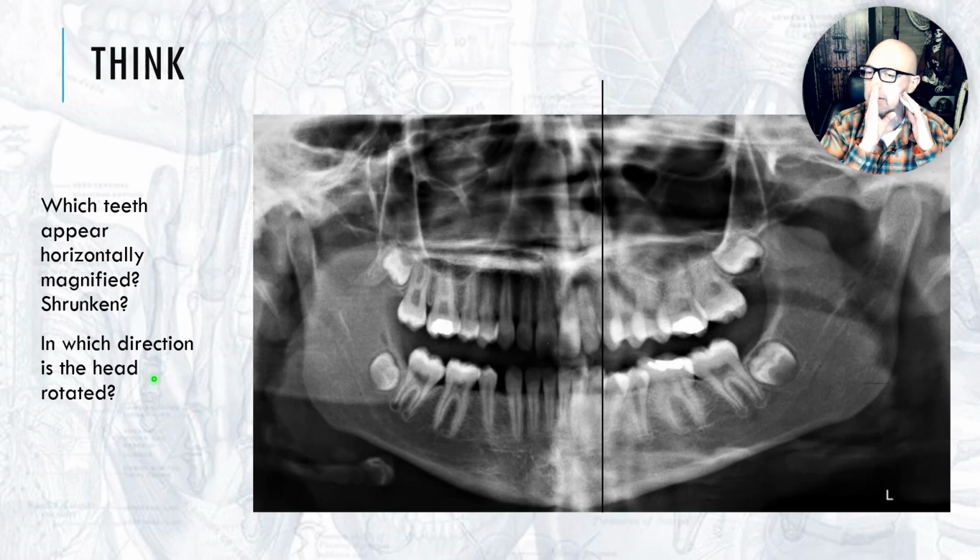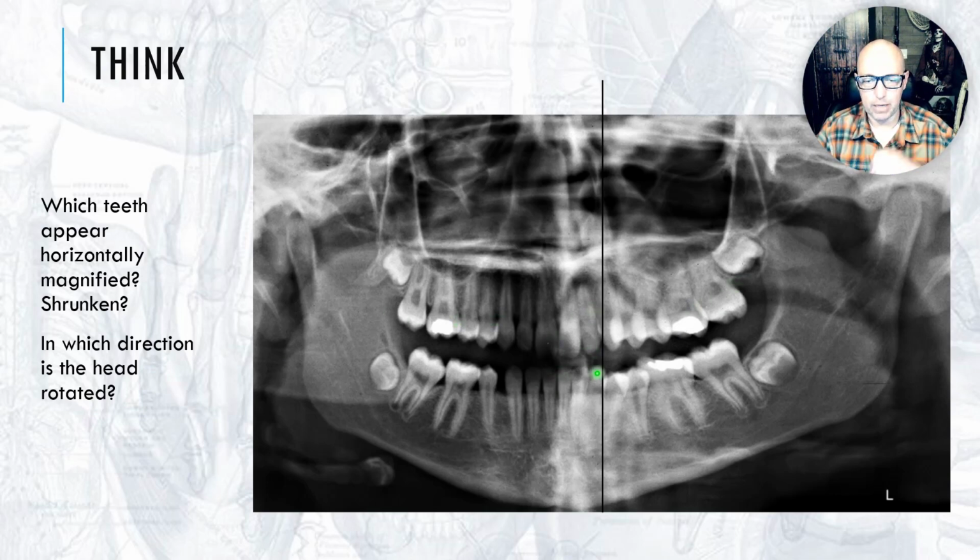They're actually going the opposite direction because I'm rotating kind of more from the front. So my left teeth came closer to the sensor, which means they should be shrunken. So it'll actually look opposite of this.